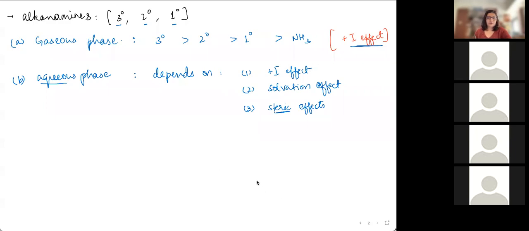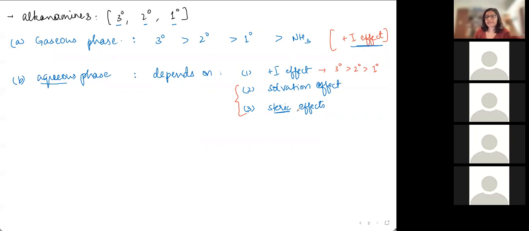Going purely by the plus I effect, it's the same as in the gaseous phase: tertiary better than secondary, better than primary. But you also have to consider these two when you dissolve an amine in water. Do you want to take a guess?